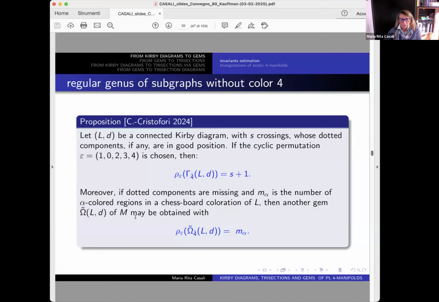Moreover, if dotted components are missing and the simplified gem is considered, its regular genus is exactly equal to M alpha, the number of alpha color regions. And this result will be of particular interest when we deal with trisections.